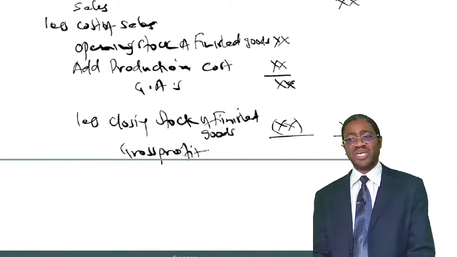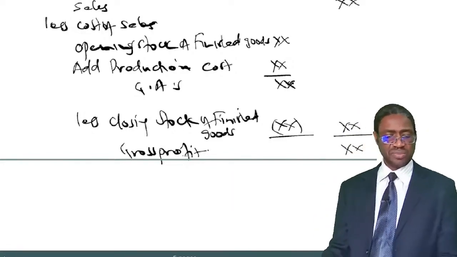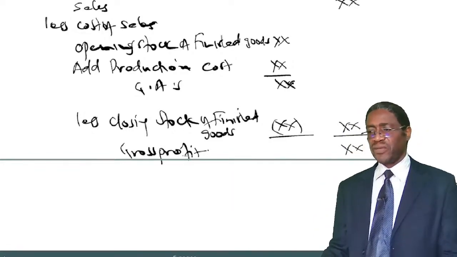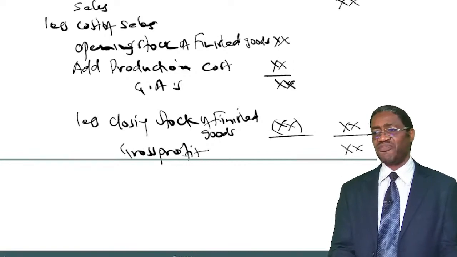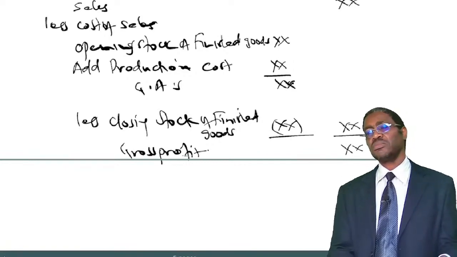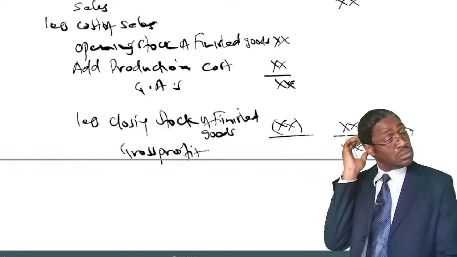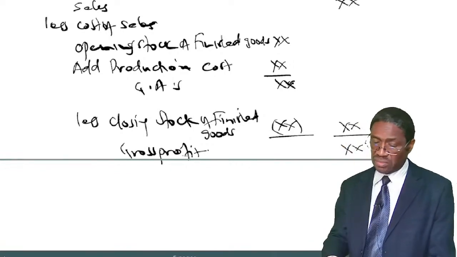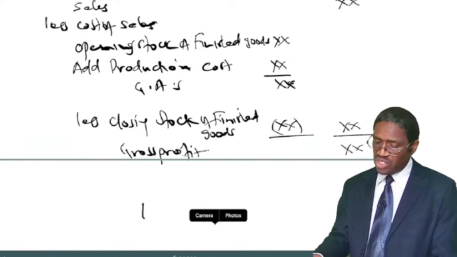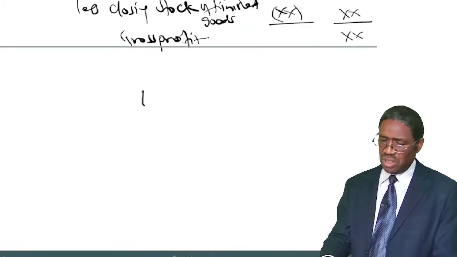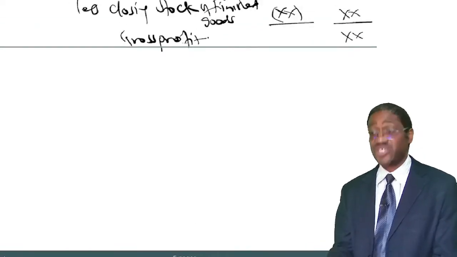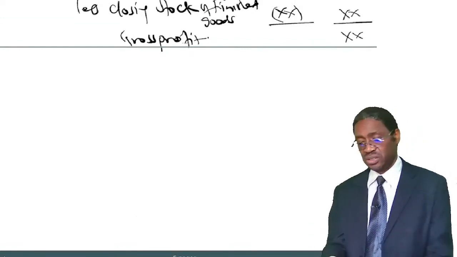Then let me now explain a few other key points. Okay, now listen. Once you get the GP, you should, of course, minus the expenses, just like in a normal business.